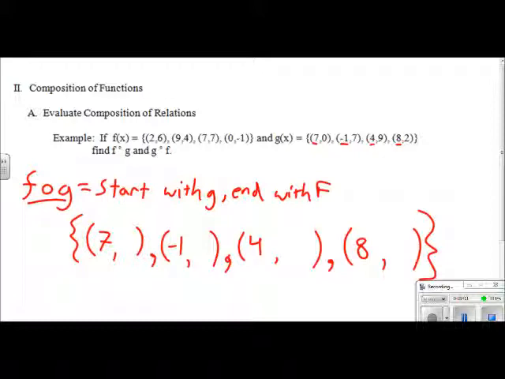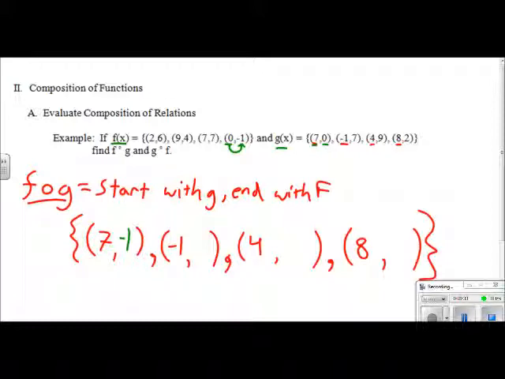But if we look at this, when we do 7, normally just in g we would get 0. But when we look over here, 0 gives us an output of negative 1. So we should actually have negative 1 as our output here. So f of g would actually have the point 7, negative 1, which isn't actually a point that's in either of these, but we're using the input from g and the outputs from f.